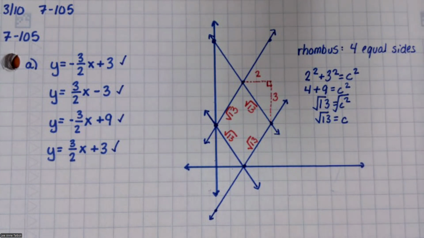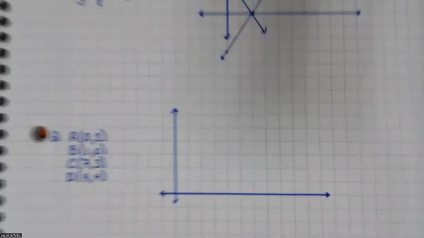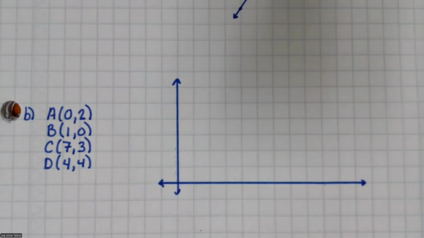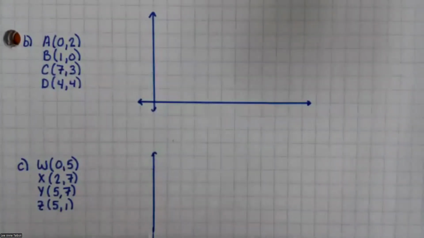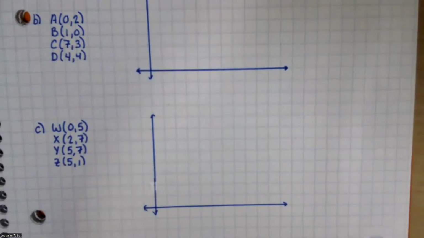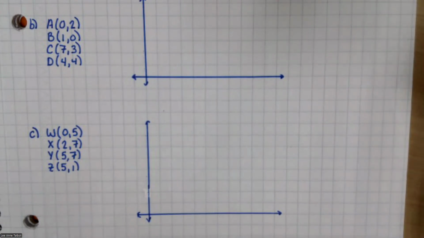Any questions about number 105? A. Okay, now we're going to do B. Oh, there's 3 of them. Let's mentally prepare.